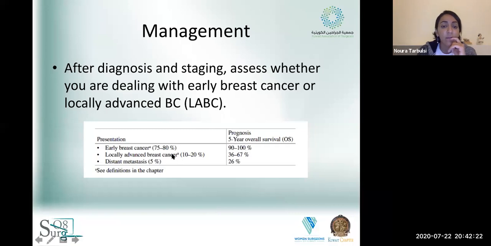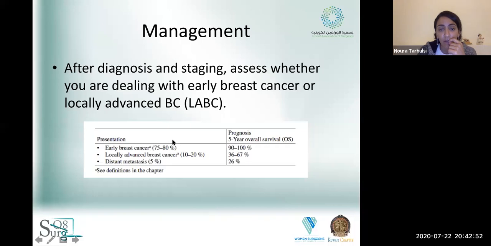Once you see a patient with locally advanced breast cancer, which is stage 3, their survival drops to 36 to 67%. And once you see a patient with distant metastasis, at 5 years, 1 in 4 will be alive and the other 3 will be dead. So there is a major difference in survival between early breast cancer and locally advanced.